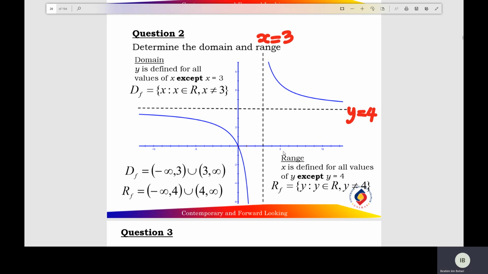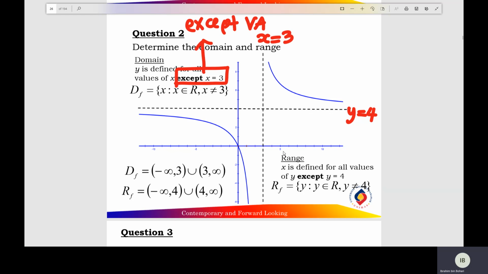Okay, the domain of the rational function is defined for all the values of x, except x equals 3. So the domain of the rational function is defined for all the values of x except the vertical asymptote.